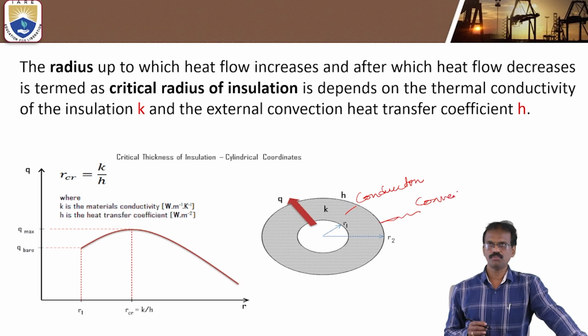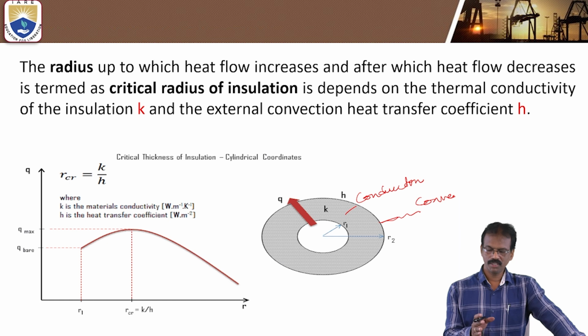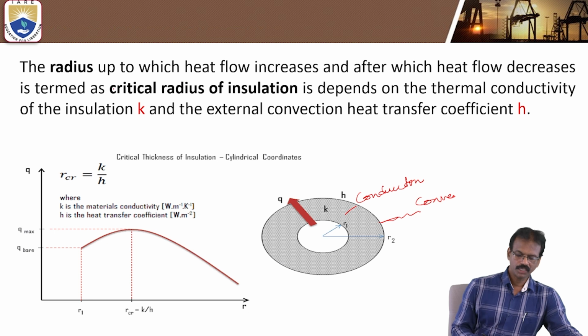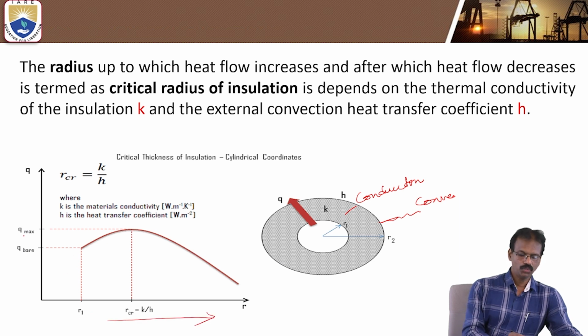Two modes are used to transfer the heat from the insulating material to the ambient atmospheric conditions. In the case of cylinders, if you keep increasing the radius, up to a certain level Q will increase. At a particular point Q is the maximum, and then the rate of heat transfer Q will decrease.